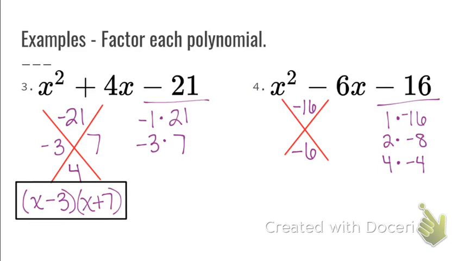So that one, of course, it's not going to be, because that would just add up to 0. Hopefully you can see the pair that's going to add up to negative 6 is 2 and negative 8. Again, the bigger factors were negative because we had to add up to a negative. So my answer would be x plus 2 times x minus 8.